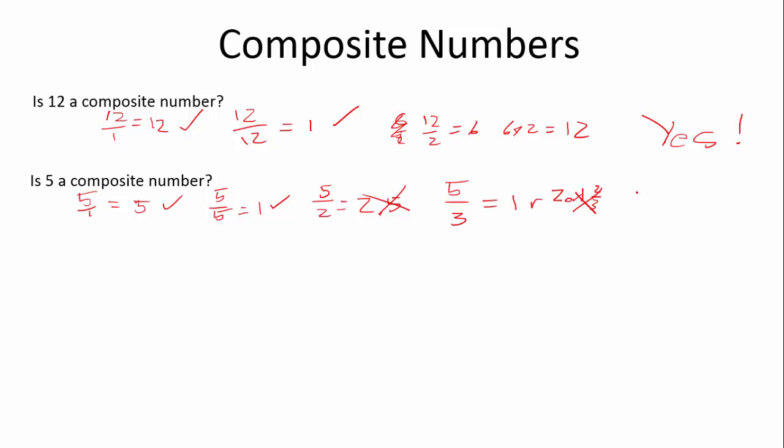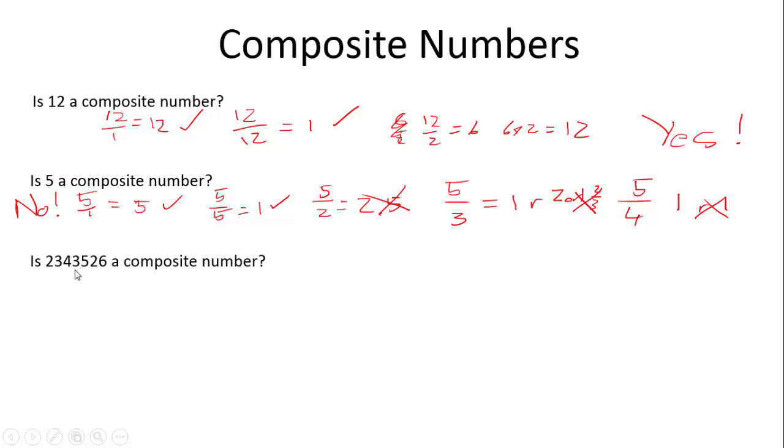That's not good. 5 divided by 4 is going to give us 1 remainder 1. So that's not going to work either. So 5 mustn't be a composite number. So 5 is no. It is not a composite number. And we'll figure out soon that 5 is a prime number.